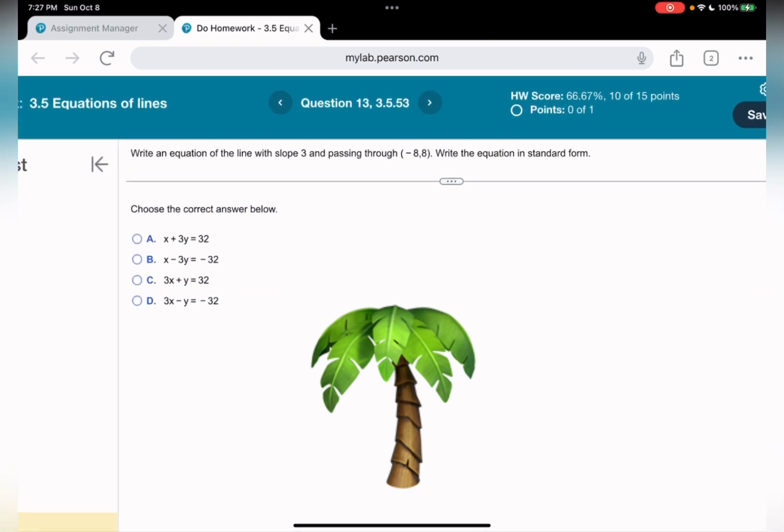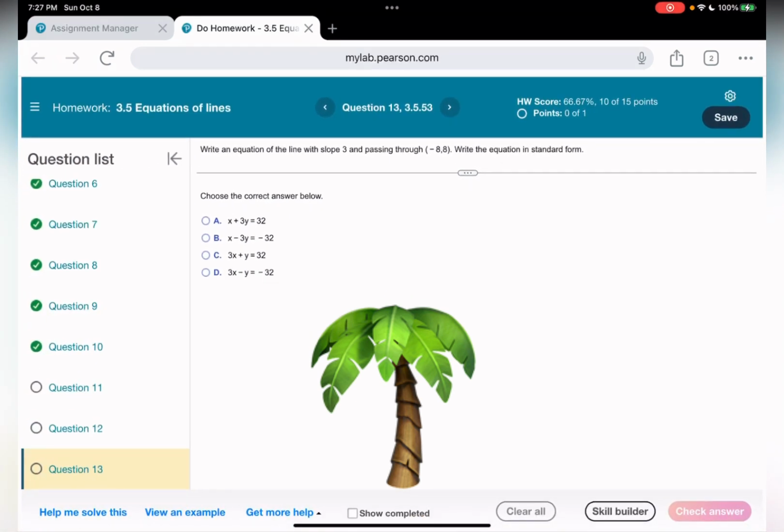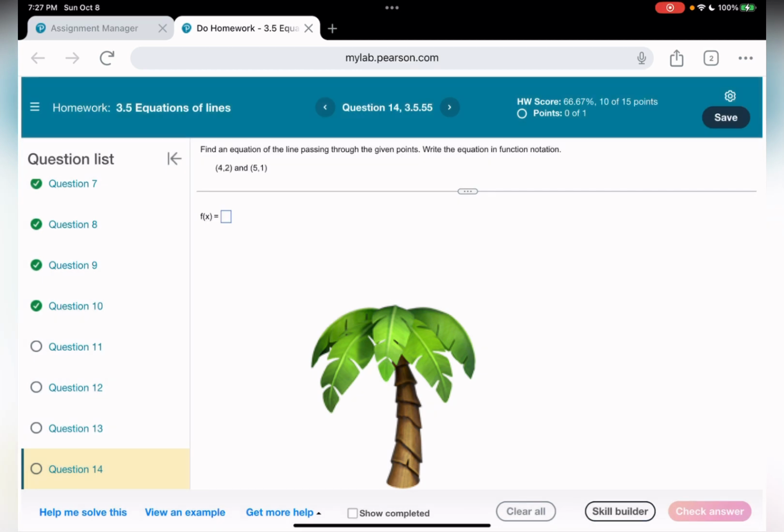Write an equation of a line with slope 3 and passing through negative 8 and 8. It's the same way. We have slope and we have a point, right? You can do it also. So it's all the same thing. Find the equation of the line, also the same thing.